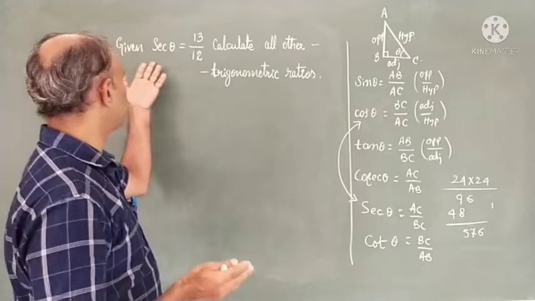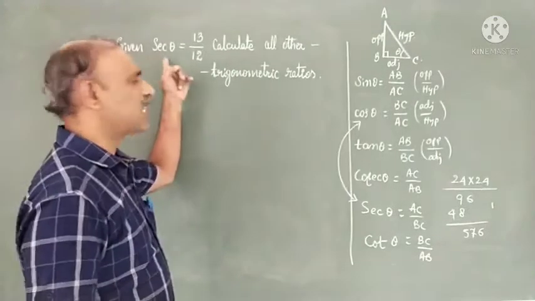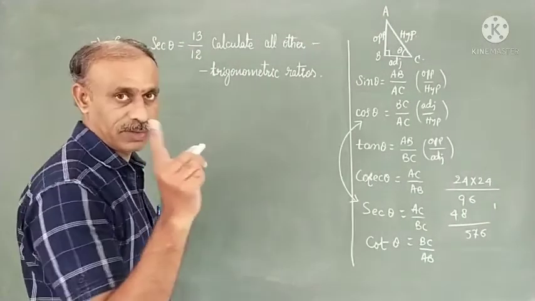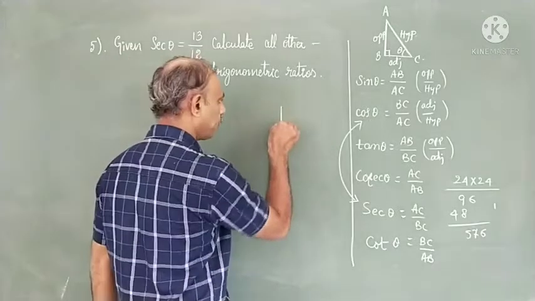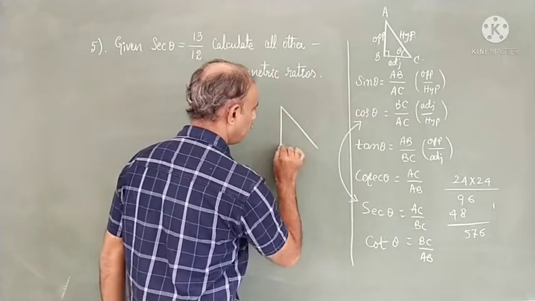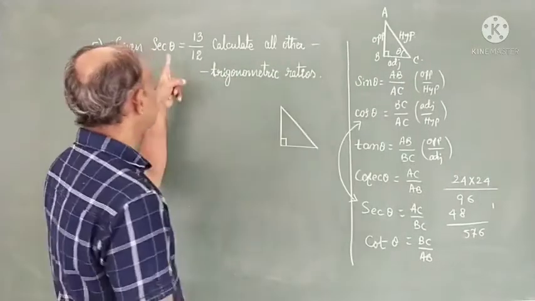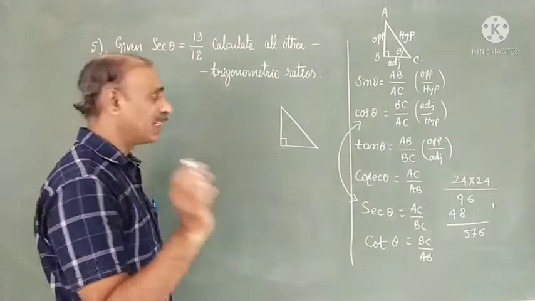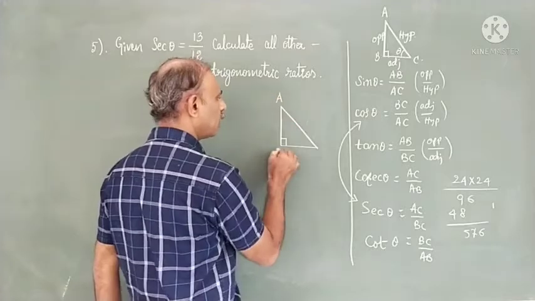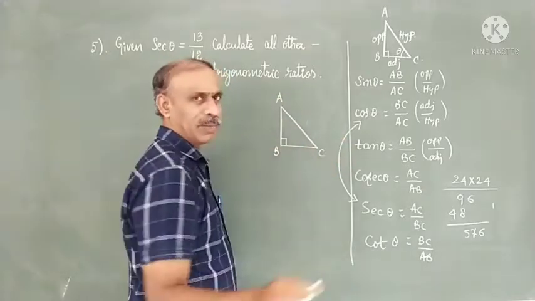Right? Come to the next question, students. What they have given? Secant ratio they have given. This is one angle measure 90 degree reference. Secant theta, theta they have given. So just you can mention ABC, no problem.